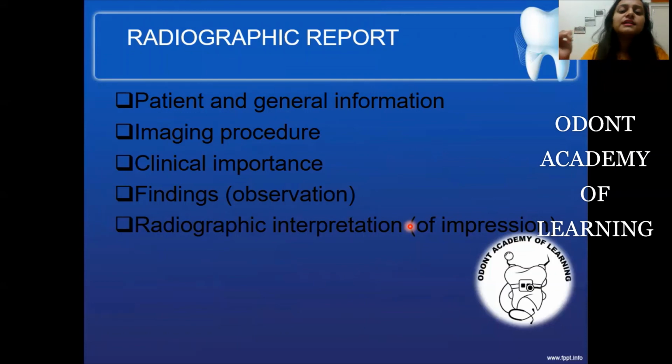Okay, the clinical information is an optional point wherein you write only the clinical findings if the clinician has presented it to you. Then you write the radiographic findings based on the 4 points of location, the periphery and shape, the internal structure and the surrounding structure.